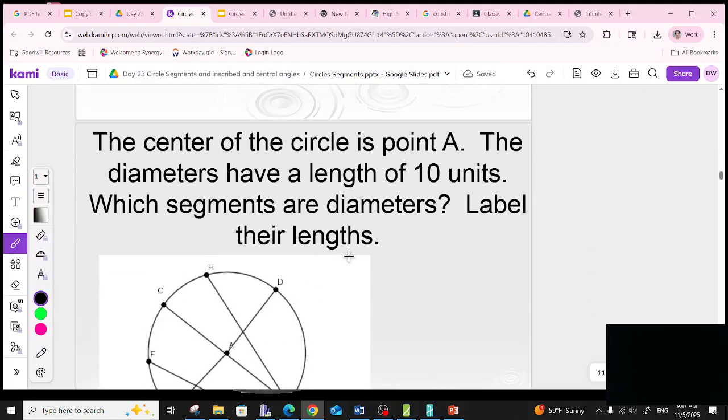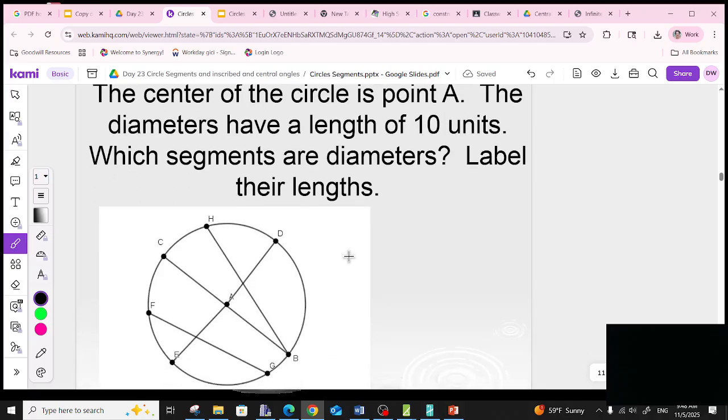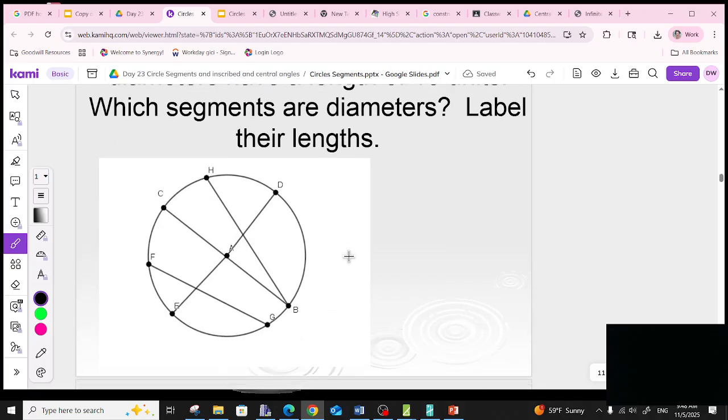Now, the center of the circle is point A. The diameters have length of 10 units. Which segments are diameters and label their lengths? So, how many diameters do we see here? 2. There's 2. Which 2 are diameters?